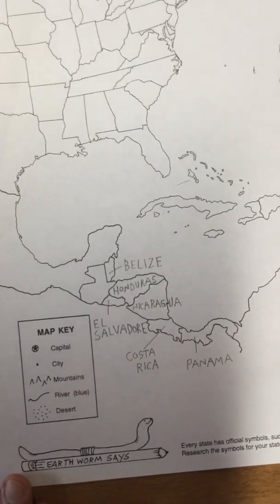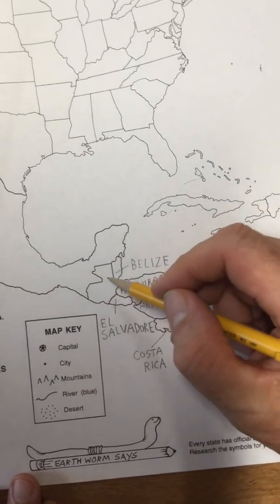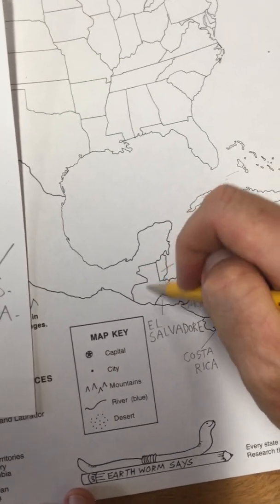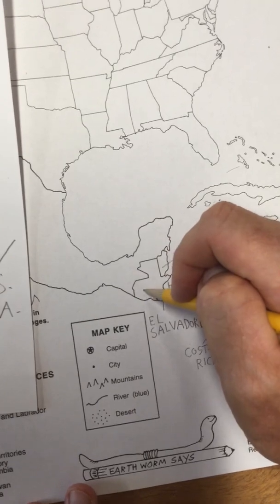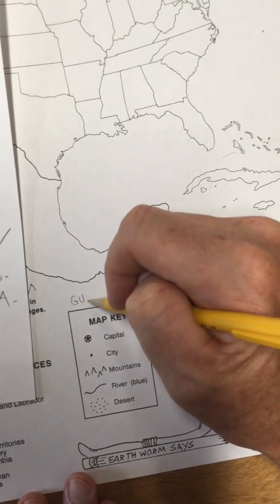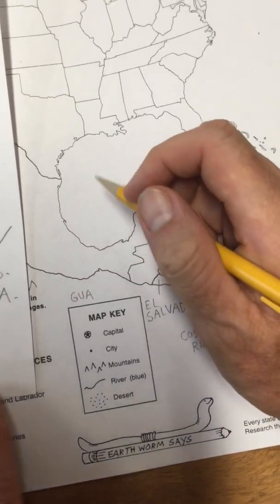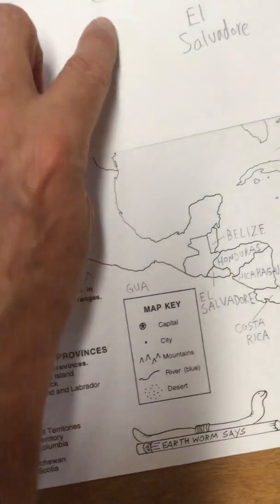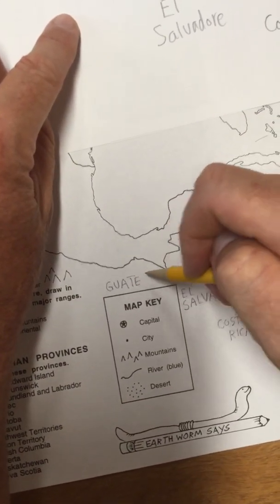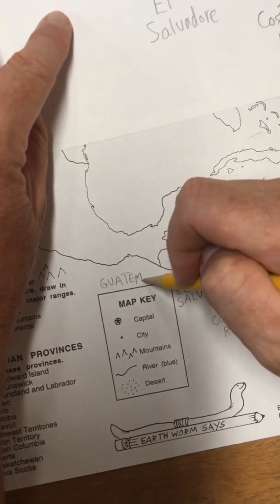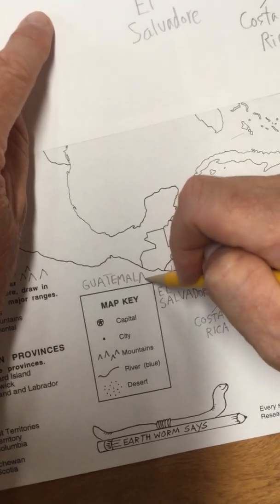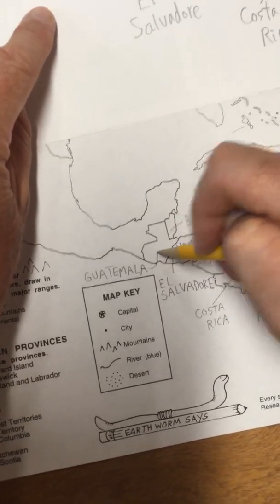Alright, I was able to fit that. And then we have one more country, Guatemala, which, if I wrote it on an angle, maybe I could fit it, but I'm gonna write it over here. Guatemala. And I'll just put a little leader line like that.